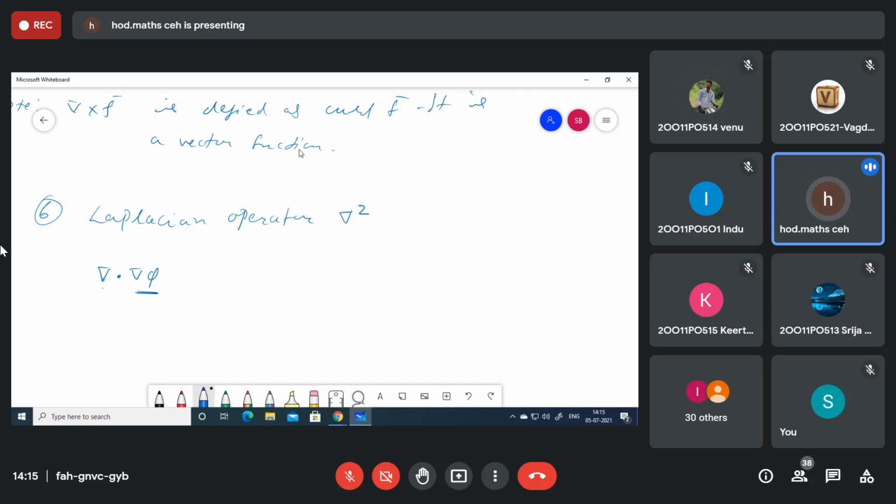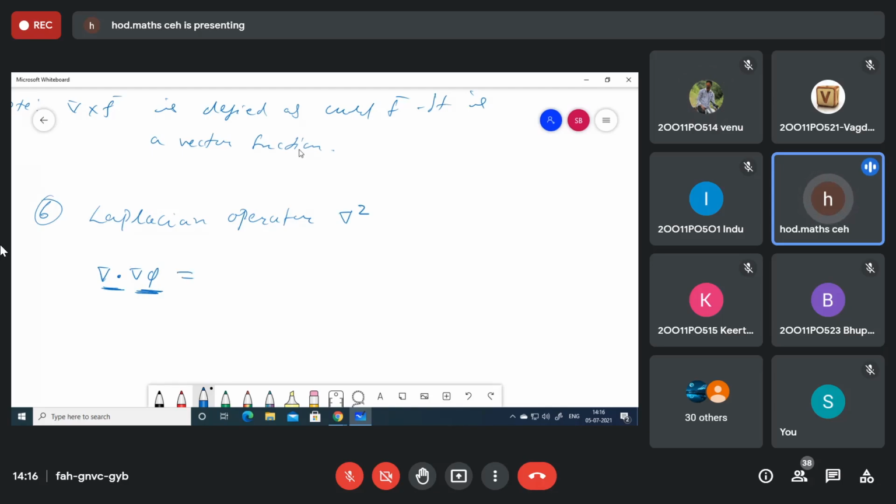Gradient. What does del dot represent? Tell me. Scalar differential operator. Okay, but del dot means what you are calculating? Divergence. But to calculate divergence, you will need a vector function. So what is del phi? Is it a vector or a scalar?